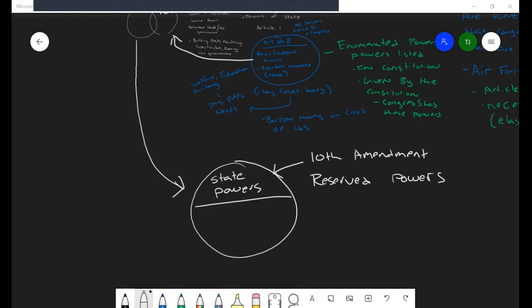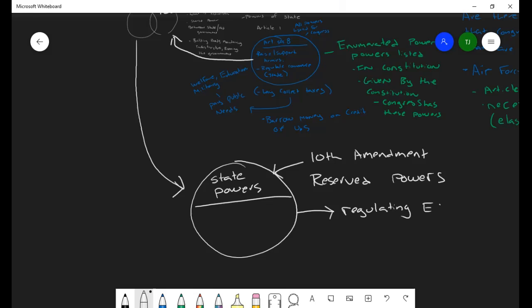So some of the powers of the state. One of the very first reserved powers is somewhere you're sitting, and that is regulating education. Another reserved power is to grant licenses.